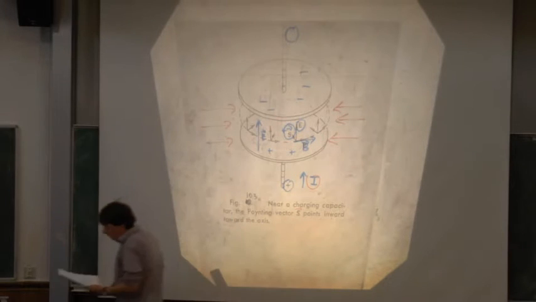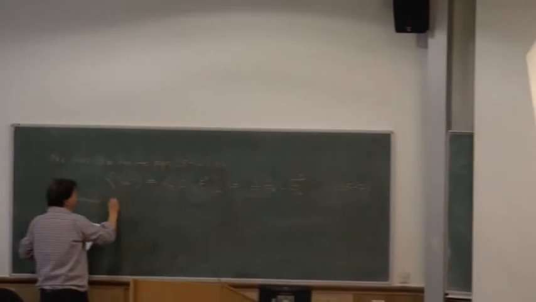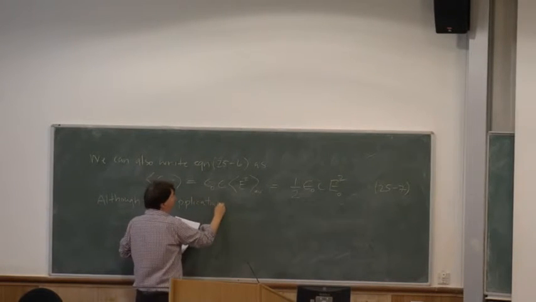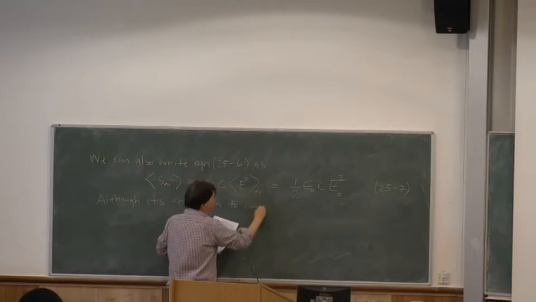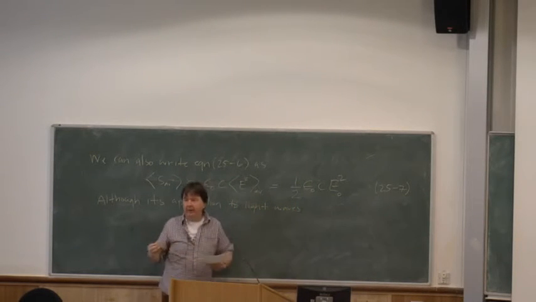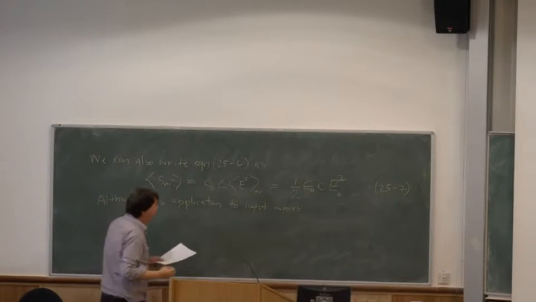I think because it's so counterintuitive, it's probably even worth saying, although its application to light waves seems obvious, I mean, getting the exact value of the constant wasn't obvious, but the direction was obvious.